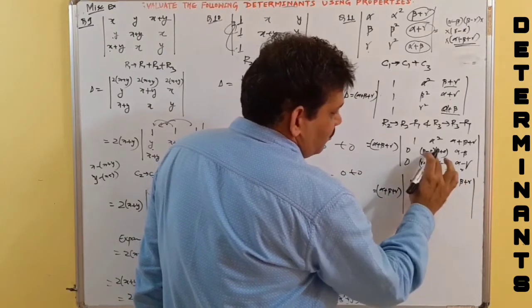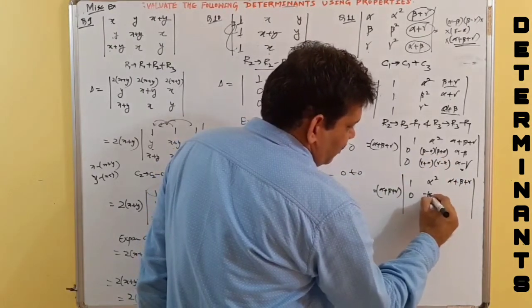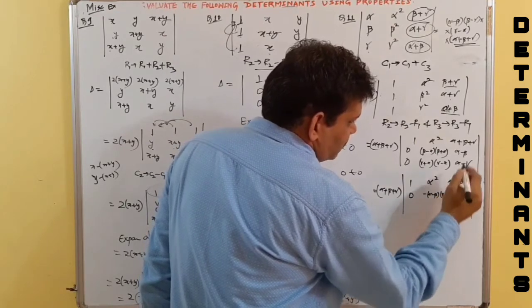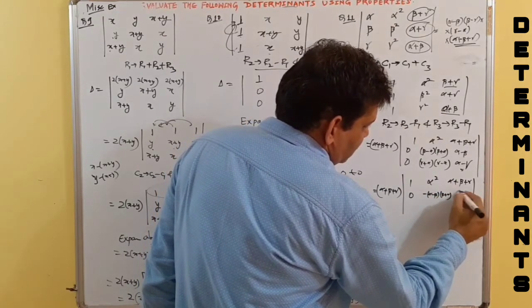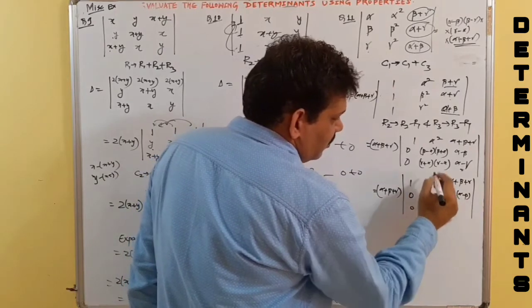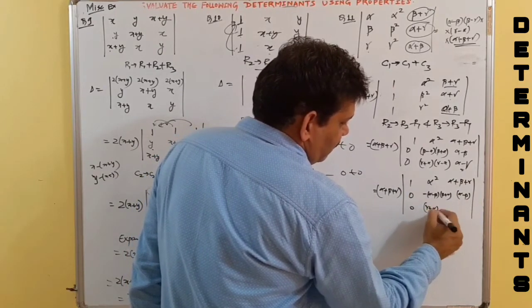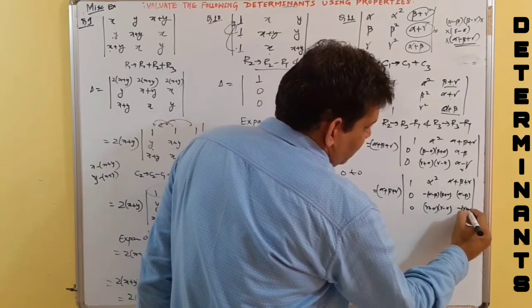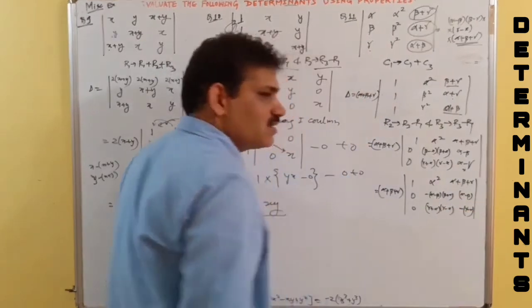This will give me 0. To make it alpha minus beta, I took the negative sign common. Alpha minus beta, beta plus alpha. This is alpha minus beta. 0. This is okay. Gamma plus alpha into gamma minus alpha. I am taking the negative sign common from here. This will give me gamma minus alpha.